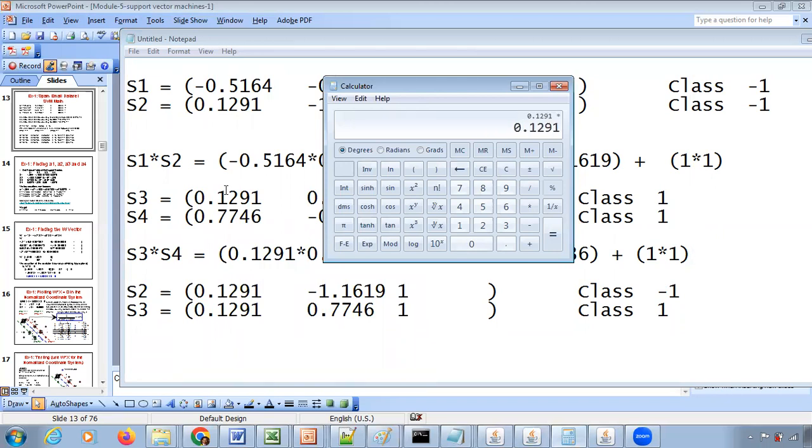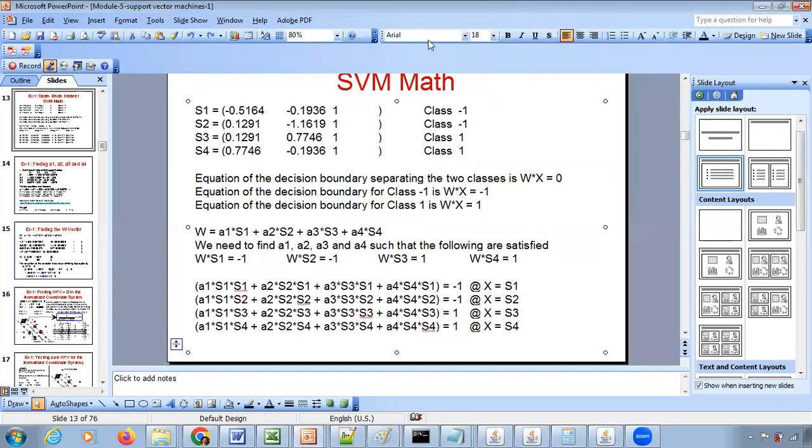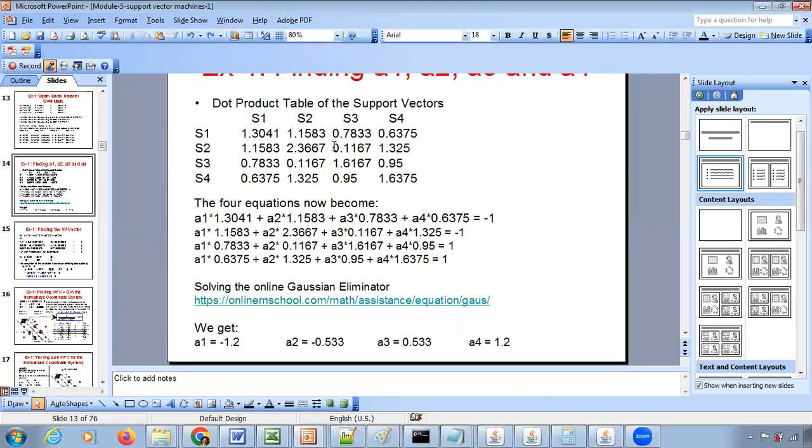You can type together again if you want. Then plus 1.1619 with a negative sign times 0.7746, close the parenthesis, plus enter overall. Then plus 1, that's 0.1167. You know, approximate like that. So that's 0.1167 for S2 and S3.